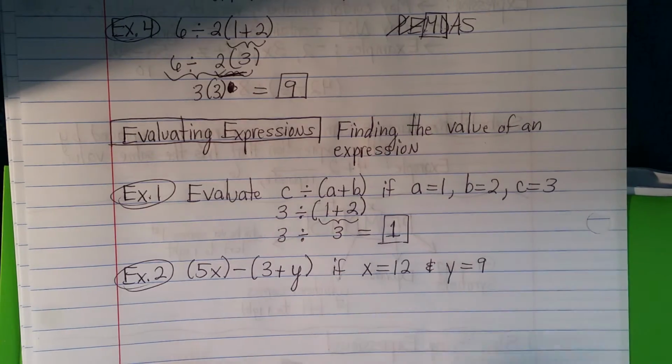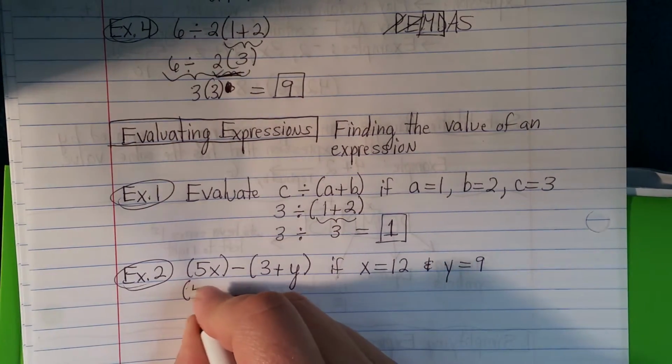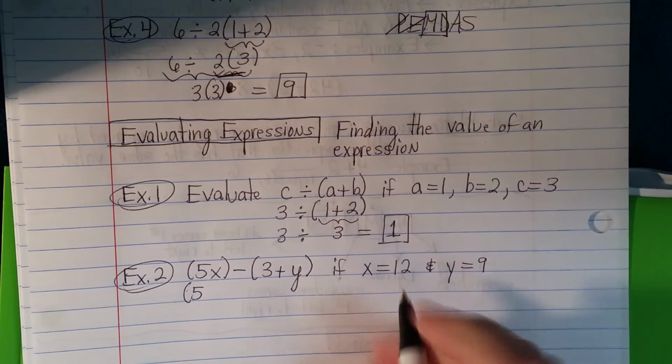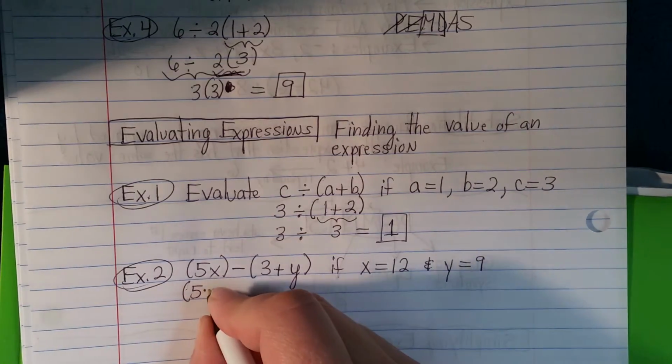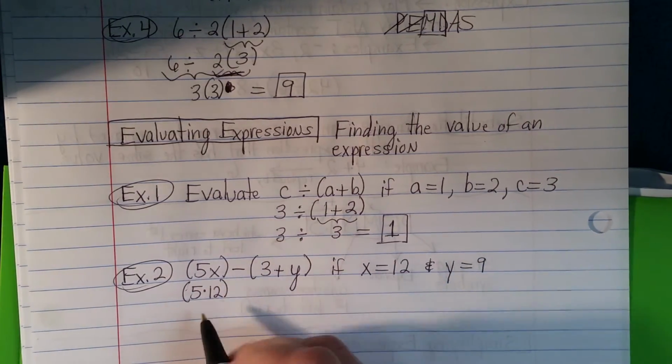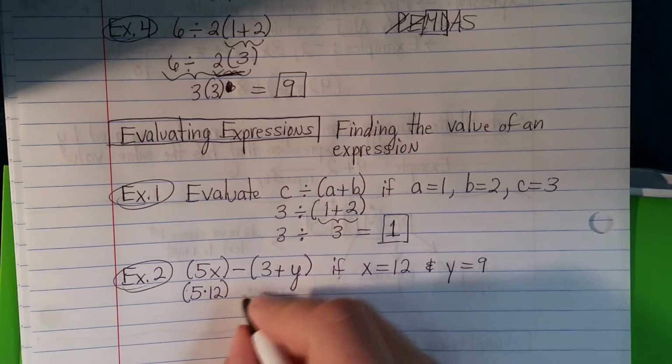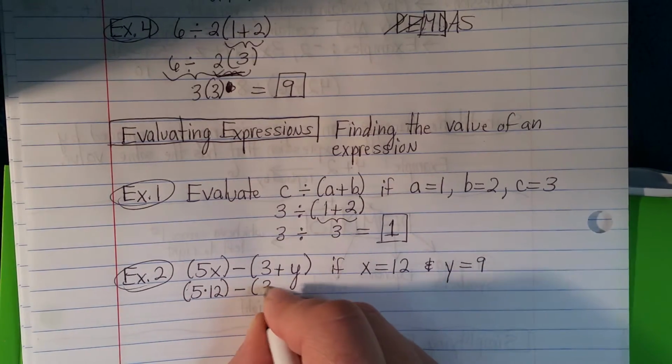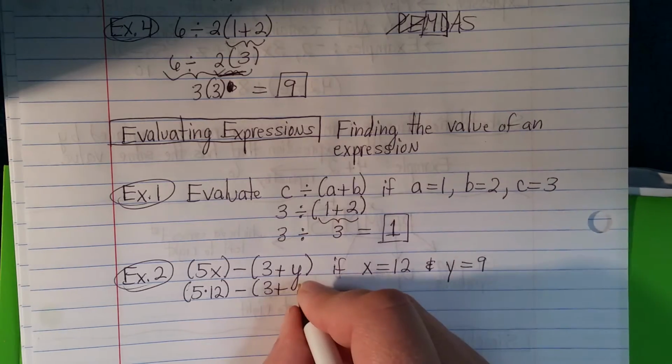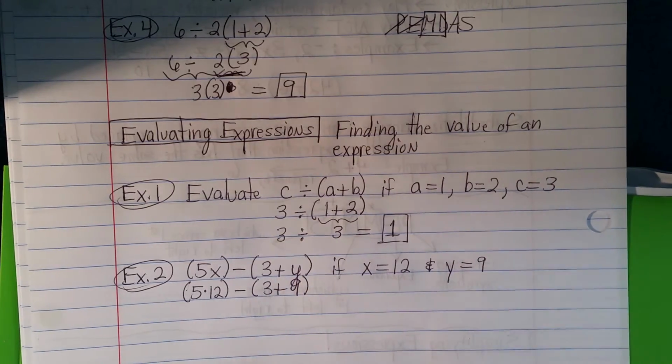All right. So x is 12, 5 times 12. This dot is not a decimal, it means multiplication. Minus, 3 plus y, and y is 9.